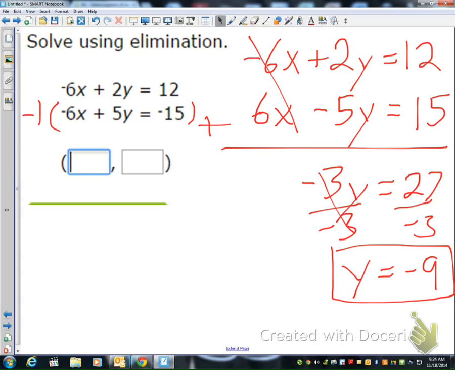And then I'm going to plug into one. So which one do you want to plug into? First one. The first one? Okay. So I'm going to plug into my first equation. So negative 6x plus 2y equals 12. But I'm going to replace y with negative 9.